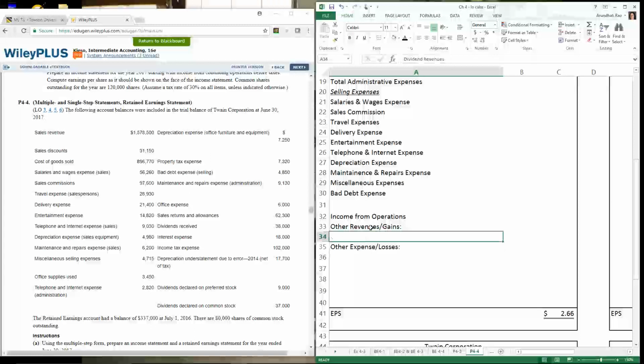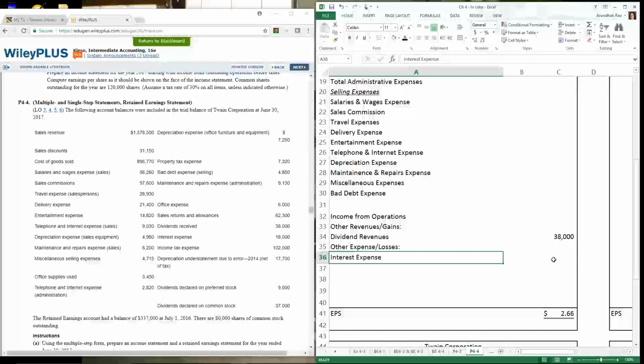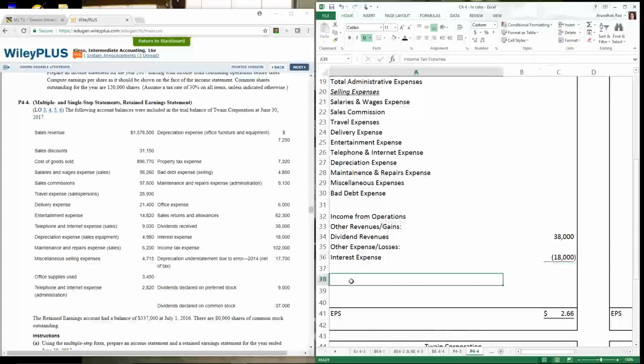Dividends received will be other revenues. Okay. Interest expense, that's always listed with your other expenses. Income tax expense, that has to be listed as a separate line item. So I'm going to put that separately.